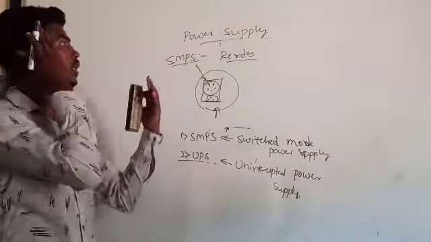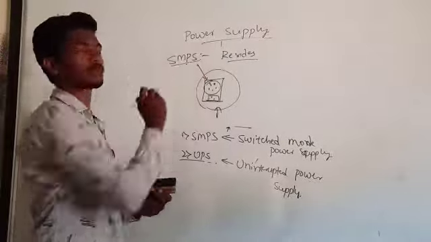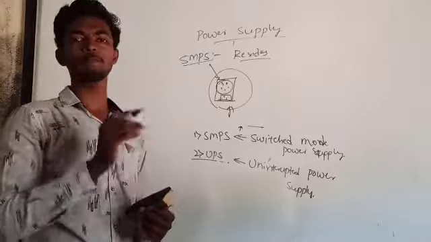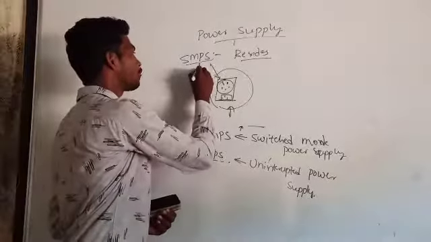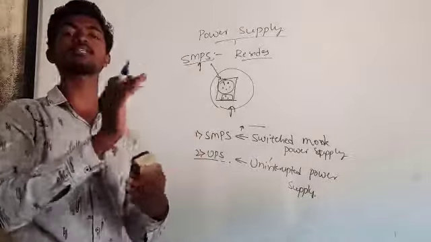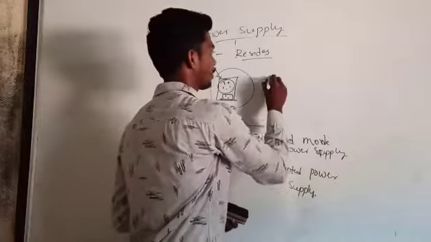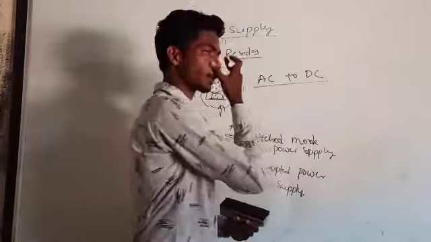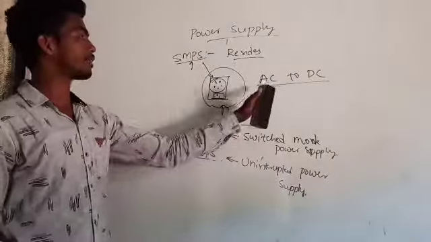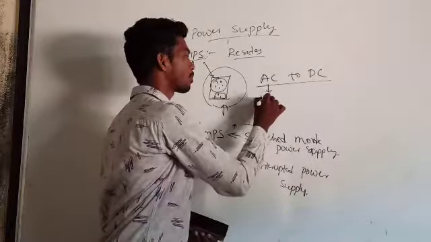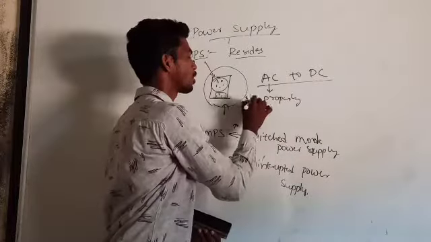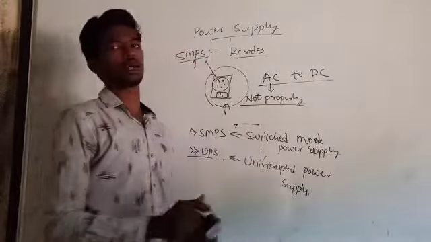It is one type of power supply to the computer, expanded as switched mode power supply, and it helps in converting the AC current into DC. AC current to DC current, that is, alternating current to direct current, and this AC will not work properly for any electronic device.